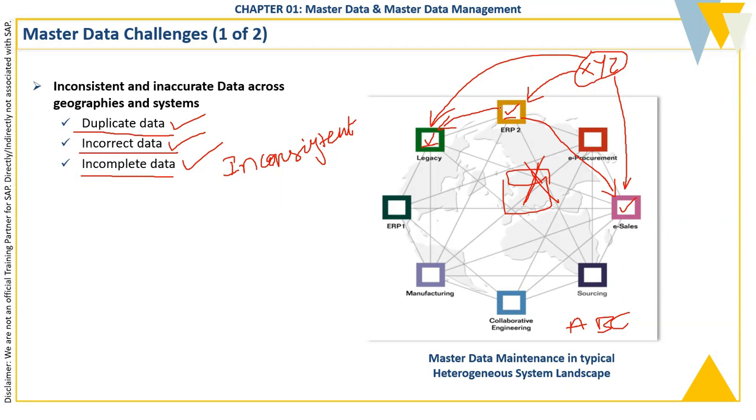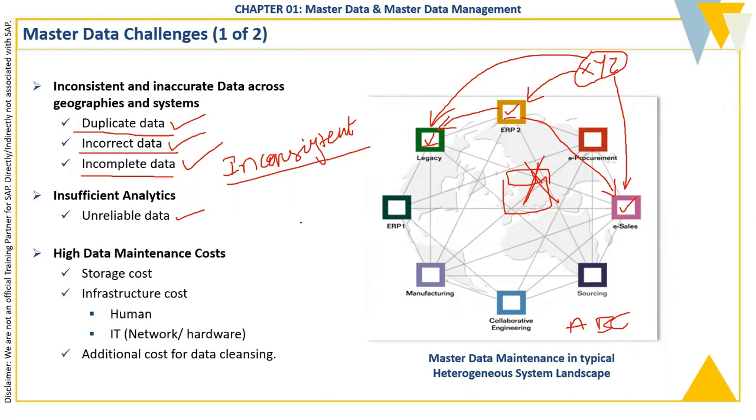So we can say it is incomplete information. Similarly here also, whatever information is not mandatory might have been passed over by the business, and that might lead to incompleteness. So due to these issues, the data is not reliable. Finally, at the end of the day or end of the quarter or end of the financial year, when they get all the reports and everything, they see some inconsistency.